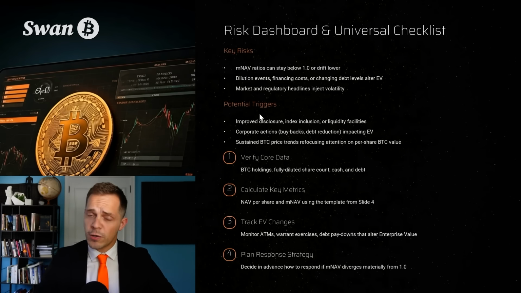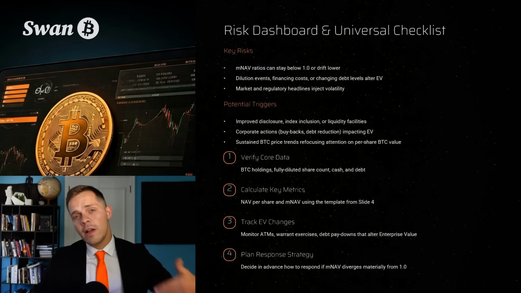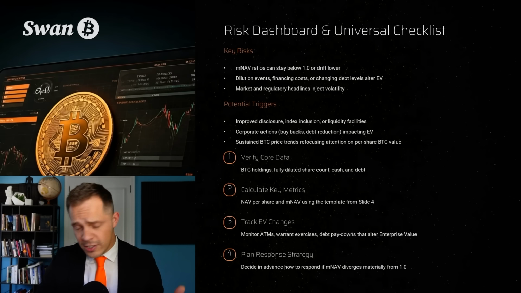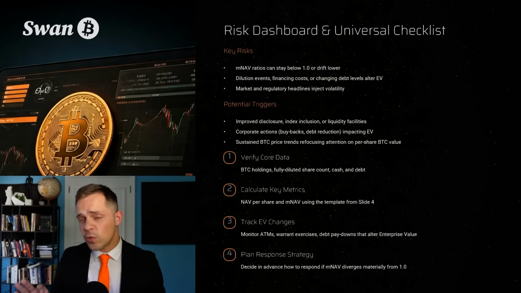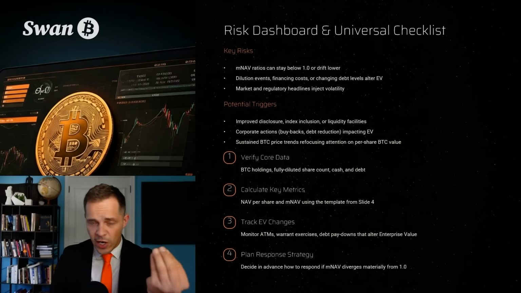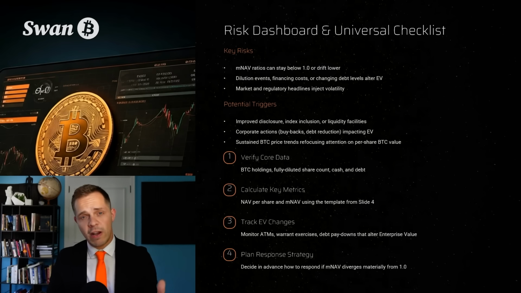Some potential triggers: you could have improved disclosure or index inclusion, which would bring new investor eyes and potential passive flow demand. Corporate actions such as buybacks, warrant tenders, or debt paydowns reduce the enterprise value and can lift your M-NAV. Sustained Bitcoin trends often refocus attention on per share BTC value, either compressing or expanding the gap depending on direction.